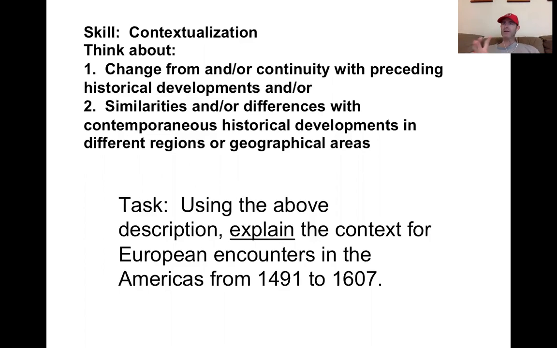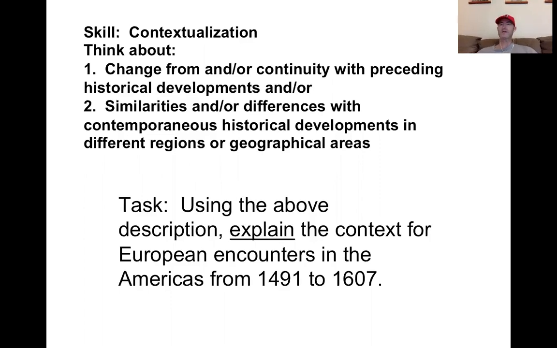A couple of quick reminders with thinking about the basic nuts and bolts of contextualization: think about change from and or continuity with preceding historical developments and or similarities and or differences with contemporaneous historical developments in different regions or geographical places.